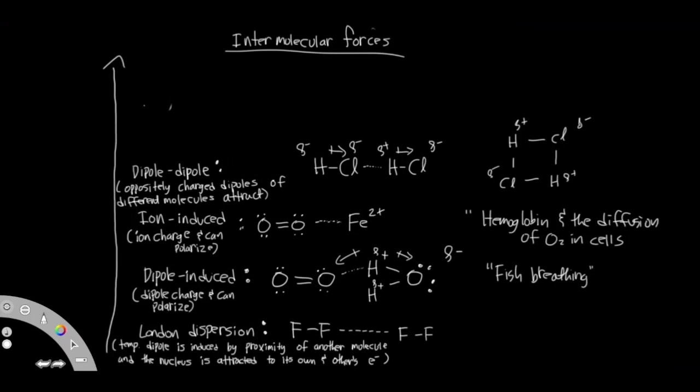Now let's have a look at hydrogen bonding. Hydrogen bonding, it's when you have a proton. So in this case, it would be the hydrogen. Hydrogen will be the proton.